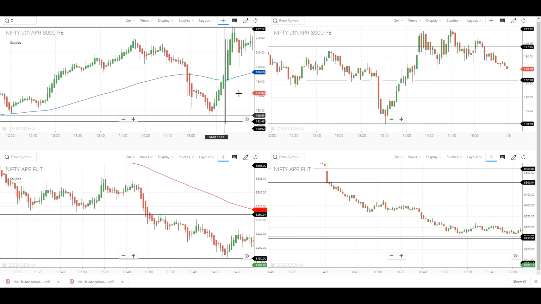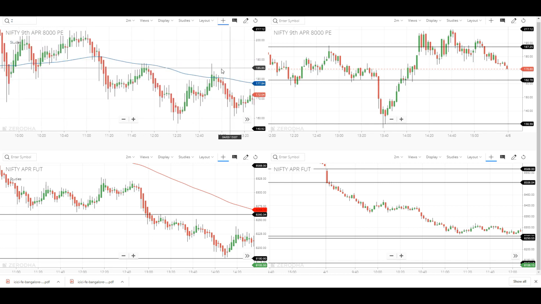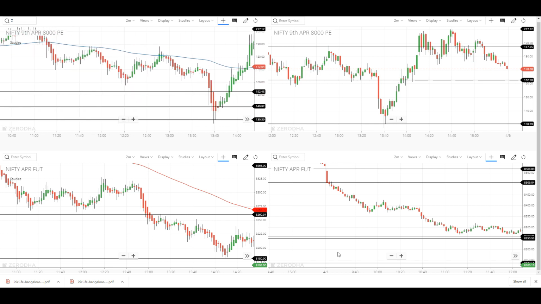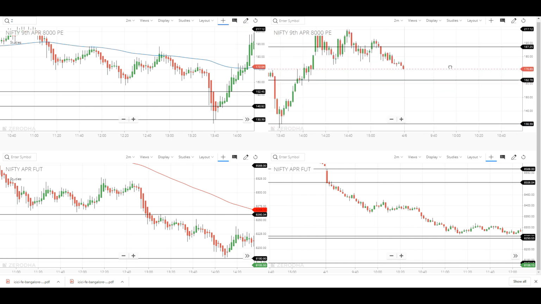Now the only thing is, you just remember all these things, just follow the rules, don't break any rules. If you are breaking any rules, you will end up in losses. So try to avoid breaking these rules. Anyways, share this with your friends and family, anybody who wants to learn the stock market and make quick money.